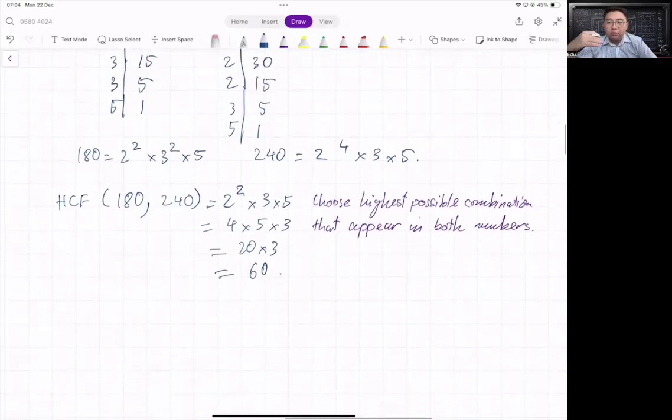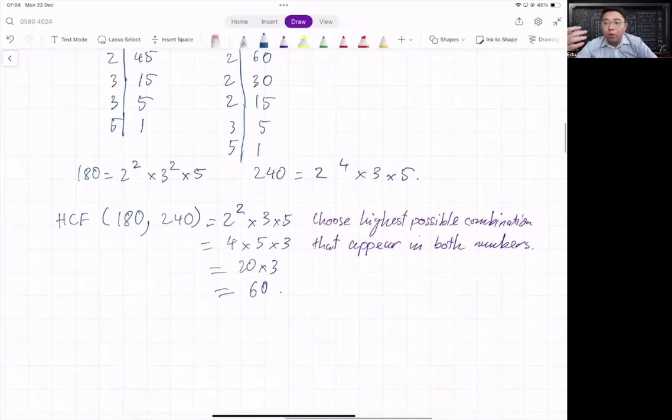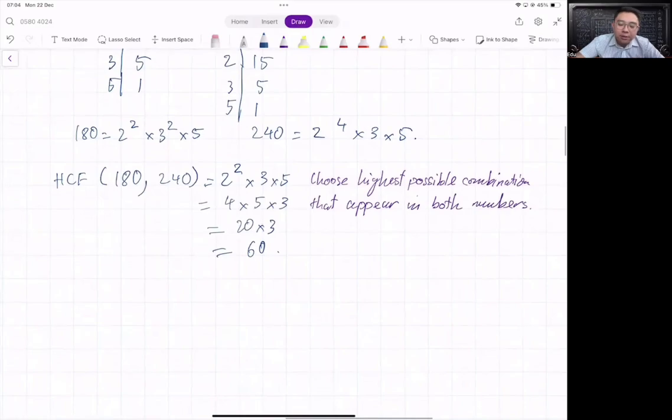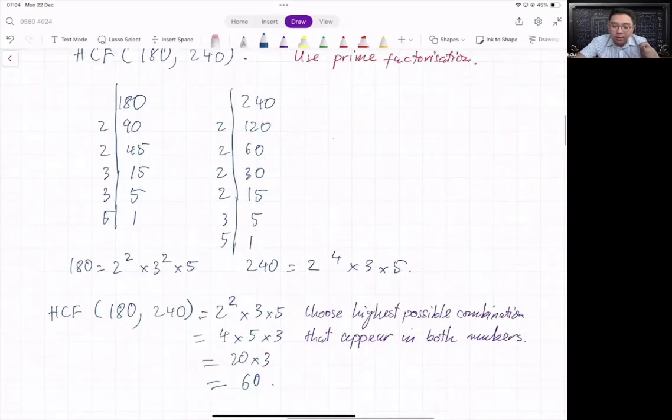So get good with no calculator first, and then when we go to calculators, if you want, I will show you some techniques to use a calculator to get a lot of shortcuts on this.